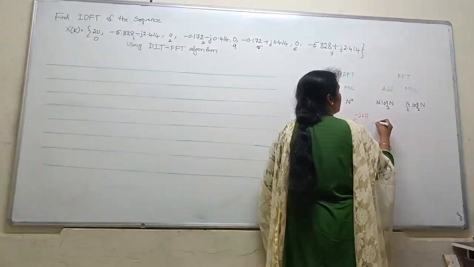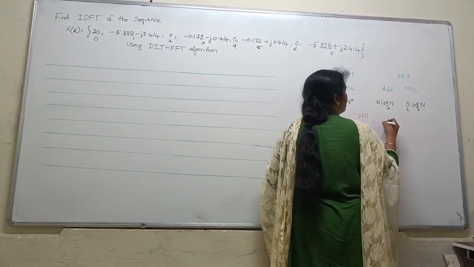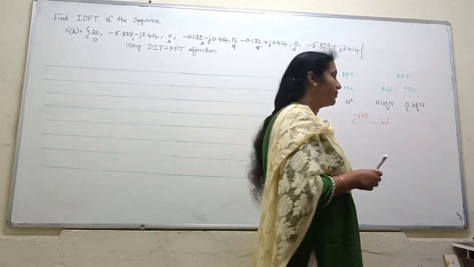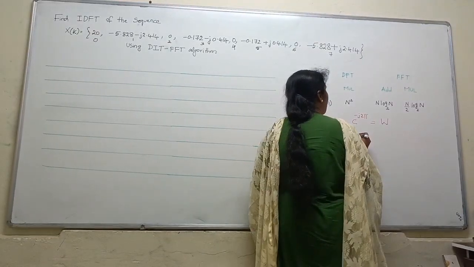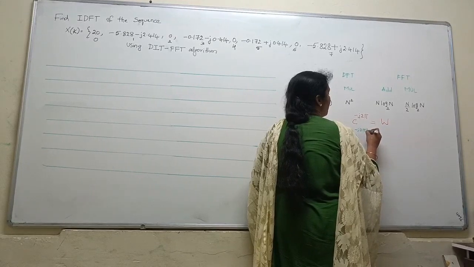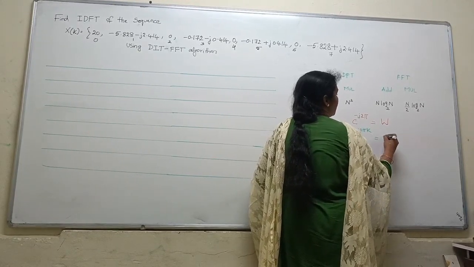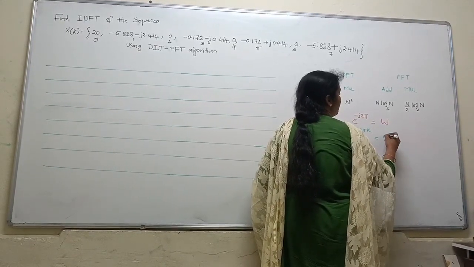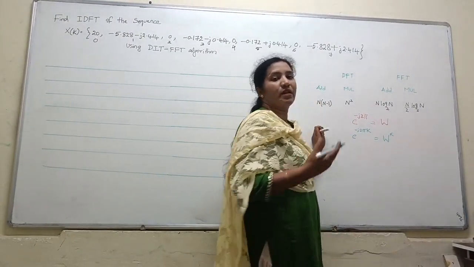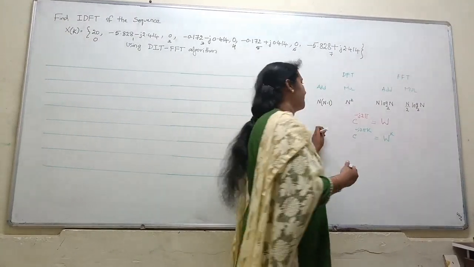It is represented with equivalent W. That means in frequency domain it can also be represented with W. If e power minus j2 pi is multiplied with k, then W will be raised to the power of k.